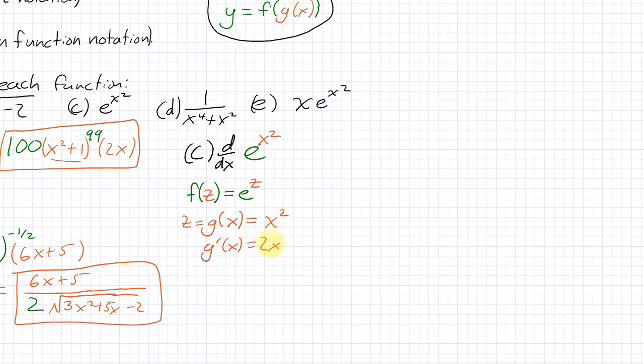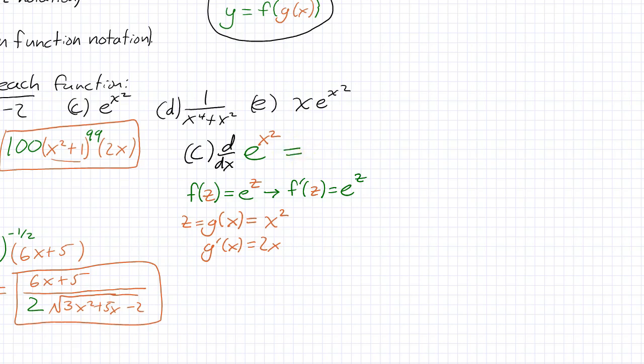The derivative of that is 2x. And also, what is the derivative of the outer function? Well, the derivative of an exponential function is just itself. So this should just be f prime of z equals e to the z. So that gives you everything you need. We can now do this derivative.